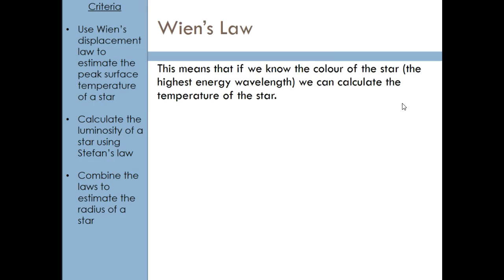Okay, so basically we know the colour or the wavelength that it gives off, that tells us the temperature of the star. So that's the first law, that's Wien's law. It's also called Wien's displacement law as well. So you might read it as both, it doesn't matter what you want to call it.